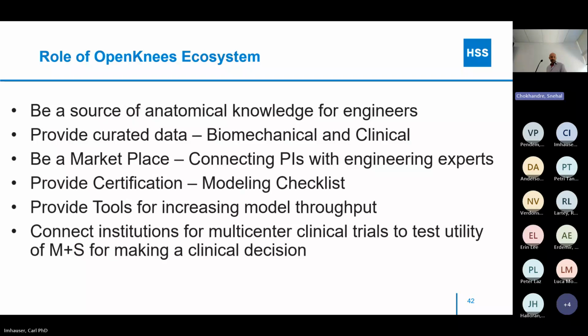That could be daunting. We have the opportunity to provide curated data, on the biomechanical, the imaging, and the clinical side. And as Ahmet noted in discussions with me, being a marketplace to connect PIs with engineering experts. Ahmet also noted providing certification of a model, again, that modeling checklist that we discussed yesterday. And then tools for increasing model throughput.